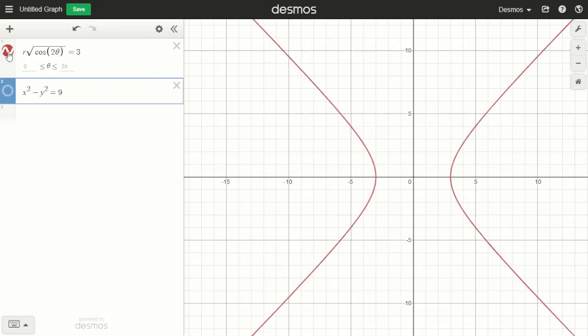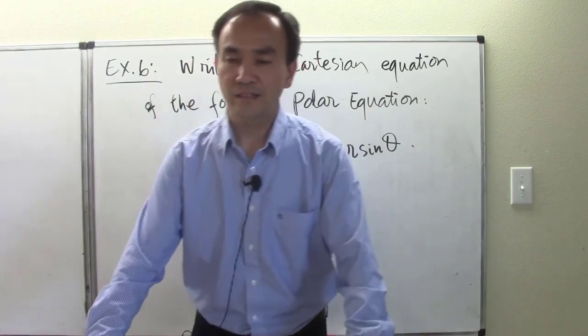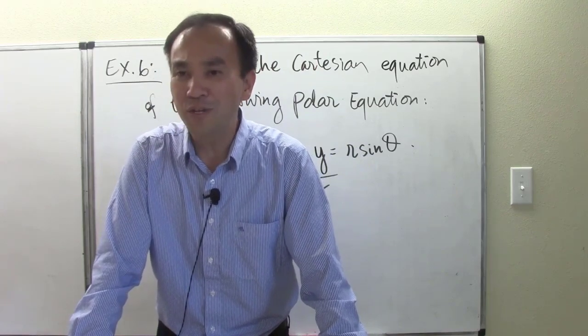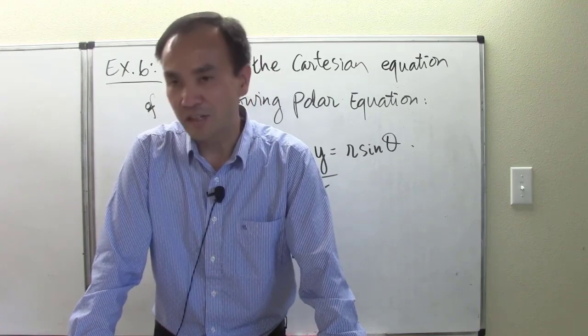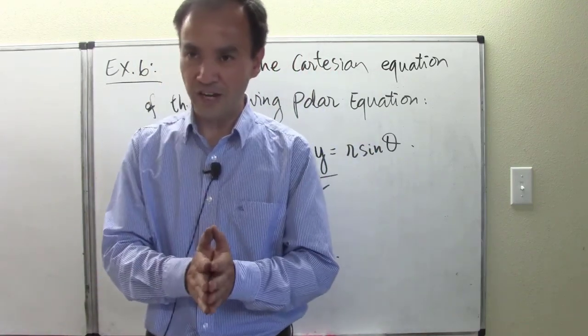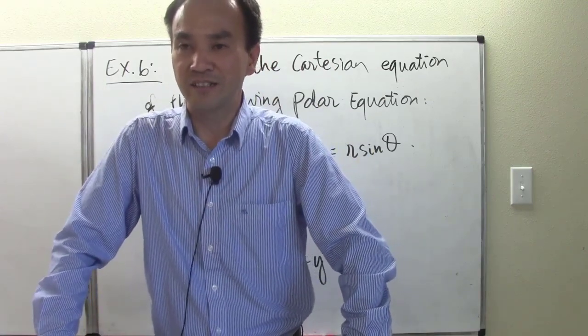Once again, that clears up why we need to know how to convert an equation from polar coordinates into Cartesian coordinates: a lot of times we need to verify whether or not our graphing device has given us the correct graph for a polar curve.